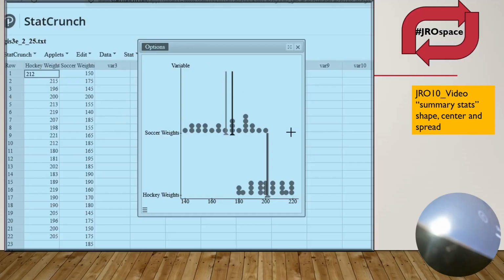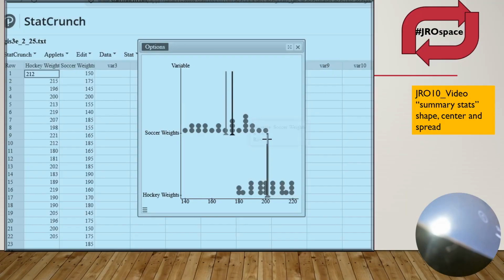Okay, so I guess the question is, notice the mean is slightly to the left, so we could say that we probably have a skew left, right? The mean is in the direction of the skew. See, there's the median, and then there's the mean. Not much of a difference, but there is a difference.